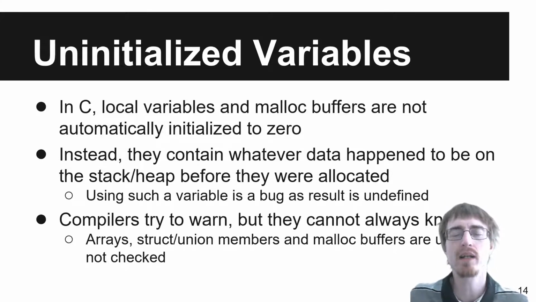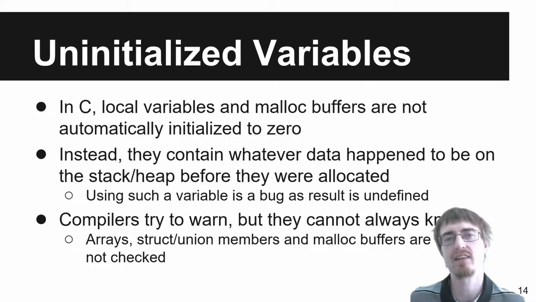So this vulnerability can, to some extent, be found using static analysis. Compilers do try this. They try to give you a warning when you use a variable uninitialized. However, they cannot always know this. Compilers typically, for example, ignore cases where you use arrays, struct or union members, or malloc buffers, or essentially anything that goes through a pointer without initializing it.